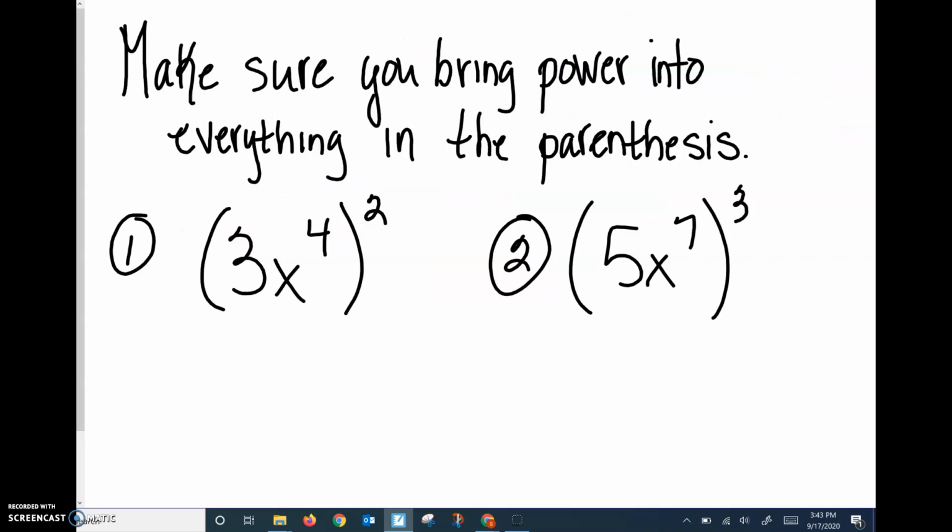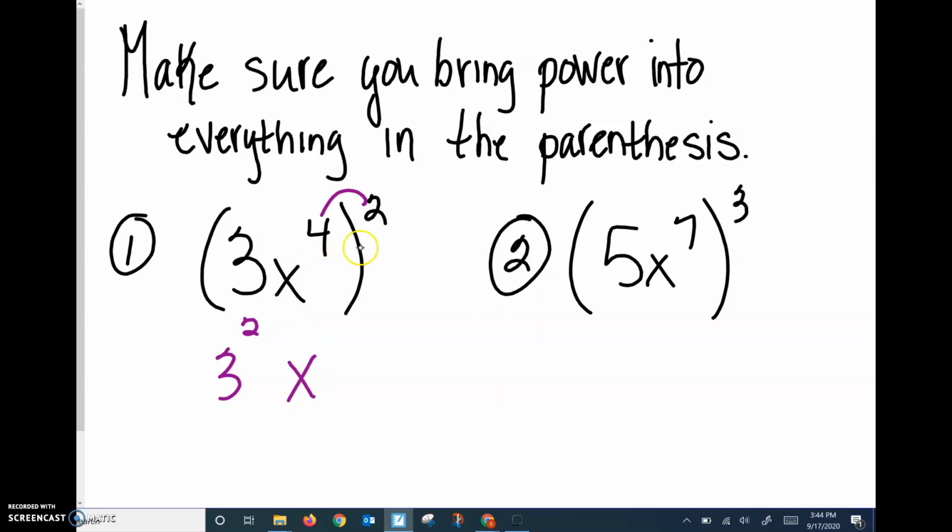Okay, the last thing we're going to do today is if you have a parenthesis and an exponent on the outside, the big thing that you need to do here is to bring that exponent into everything. Most kids have a tendency to remember to bring it in here, but they forget to bring it into that number in front. So it is going to be 3 to the 2nd, and then we have x.